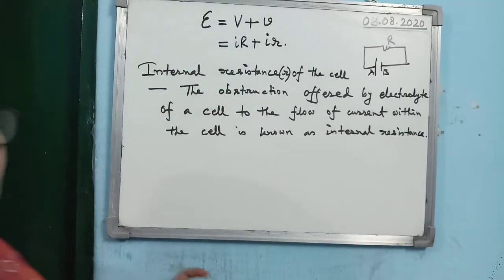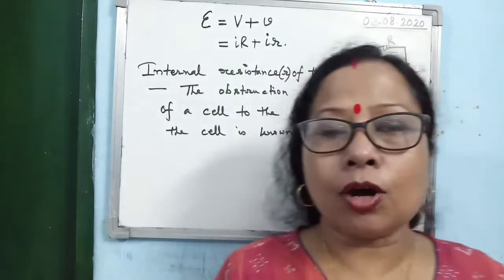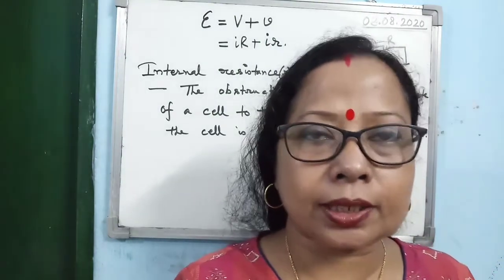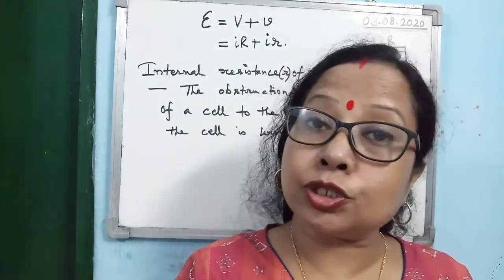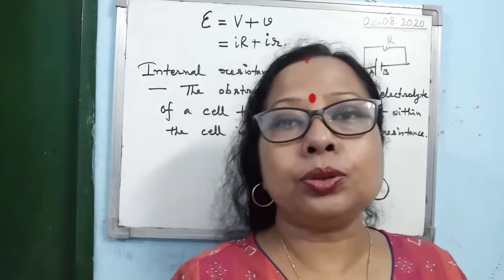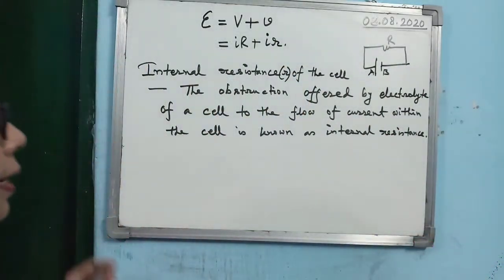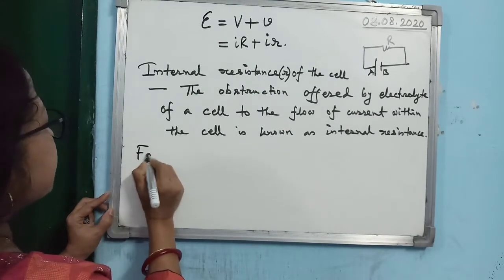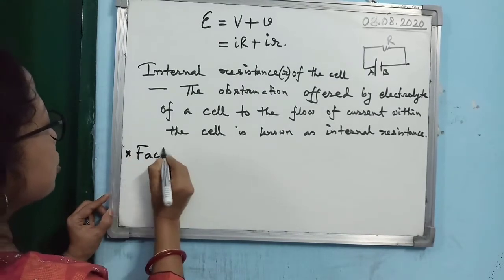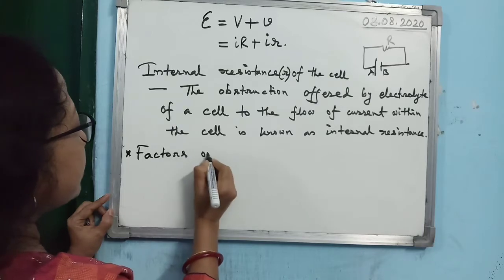Alright. So, what is internal resistance? The opposition or obstruction offered by the electrolyte of a cell to the flow of current within the cell is known as the internal resistance.